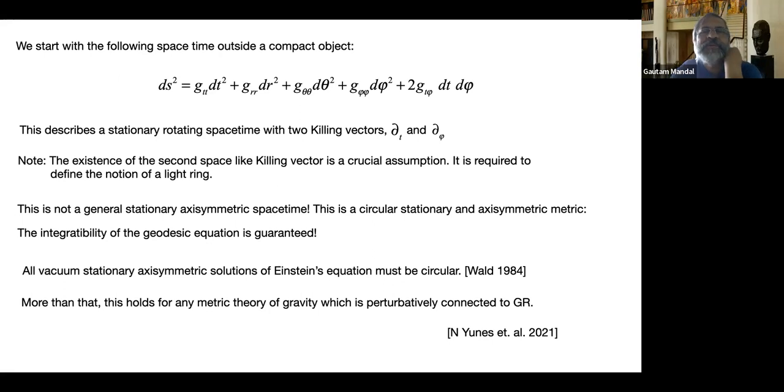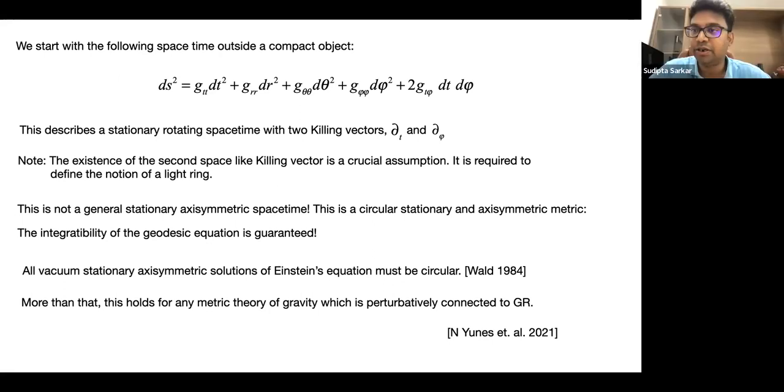Nice. Okay. This is an important theorem because this is only true when Einstein's equations are true. But what if Einstein's equations are not true? There are some corrections to Einstein's equation. What has been shown is that even if there are corrections, as long as these corrections are Taylor expandable around Einstein's equations, this criterion will be true order by order.